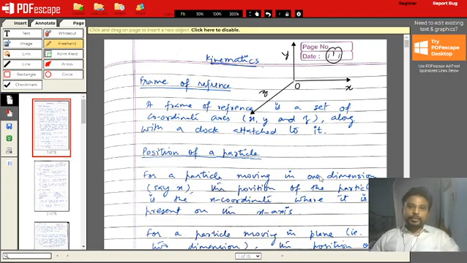Next, what is the position of a particle? The position of a particle is pretty important.